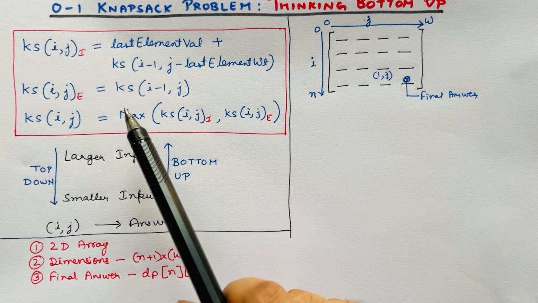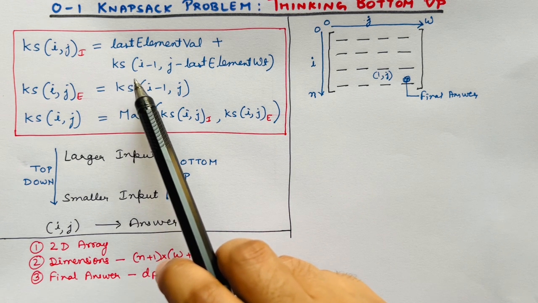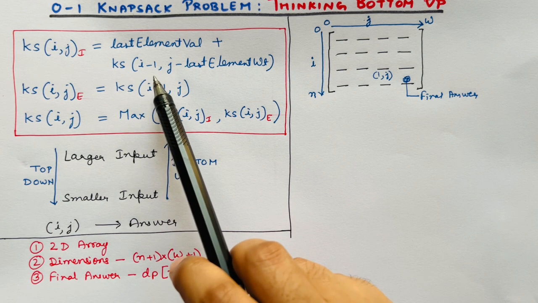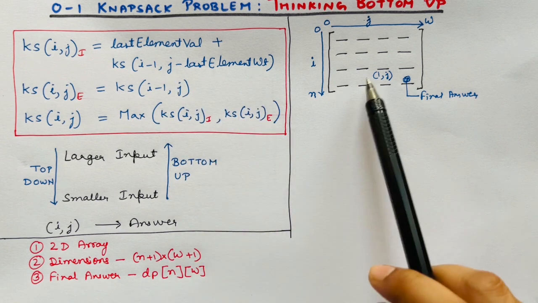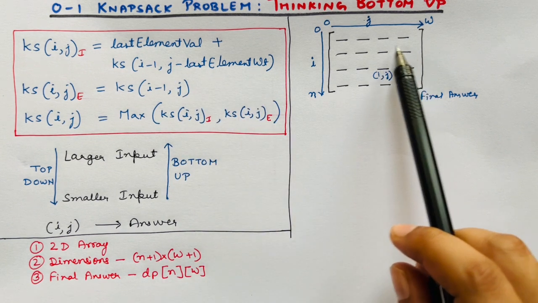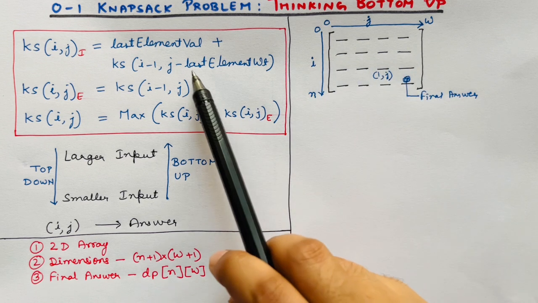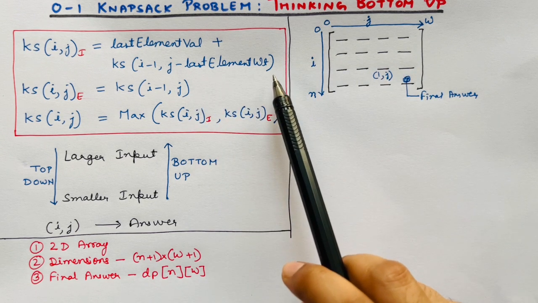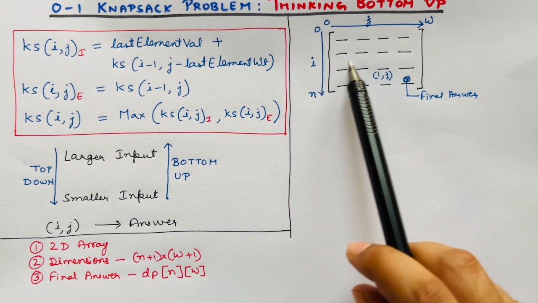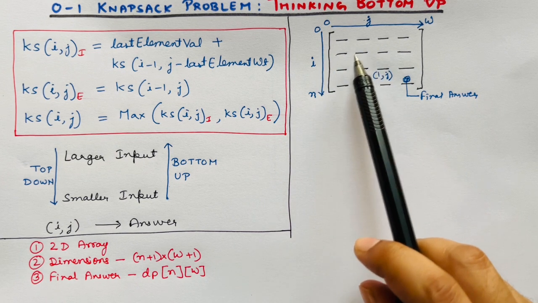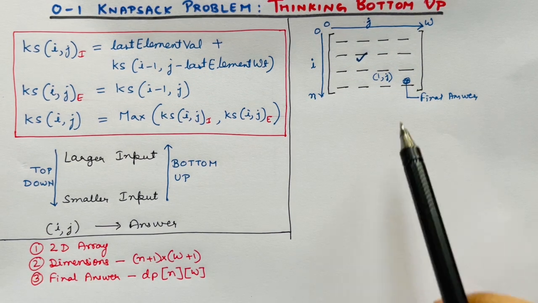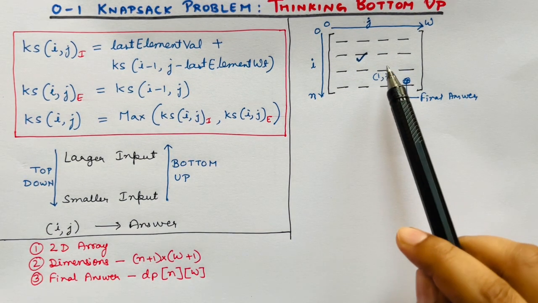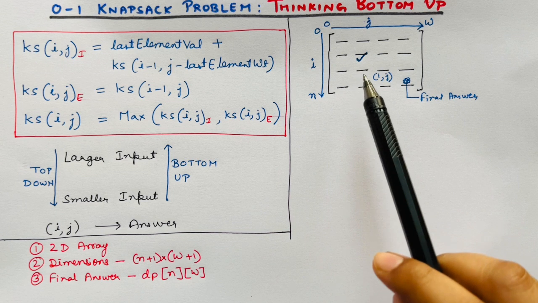Now, what we need to do is find the answer for this combination: i minus 1 and j minus the last element's weight. i minus 1 means the answer in the previous row, and j minus the last element's weight means the answer in one of these prior columns. Let us say it corresponds to this element. So, the value that we will fill here will depend on the value here.